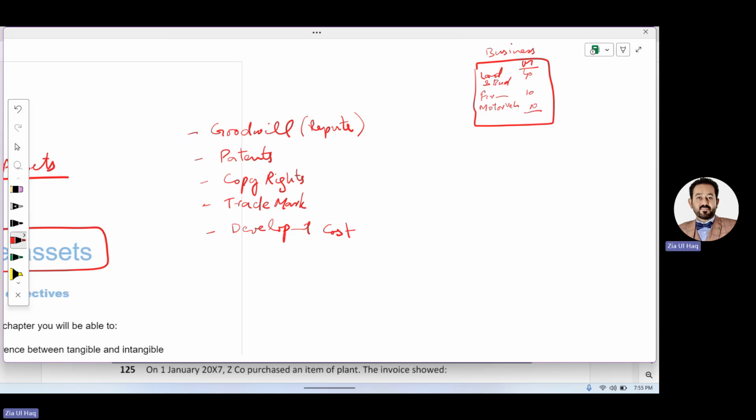How much asset do we have altogether? 60 million. This is what we call the net value of assets.